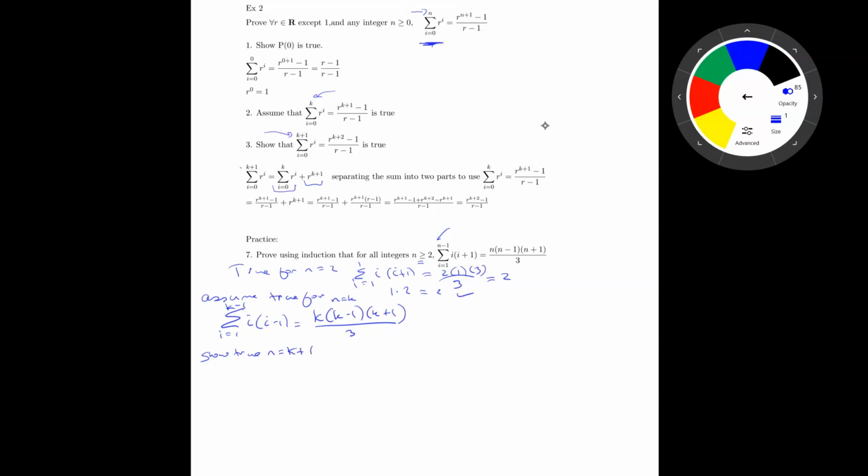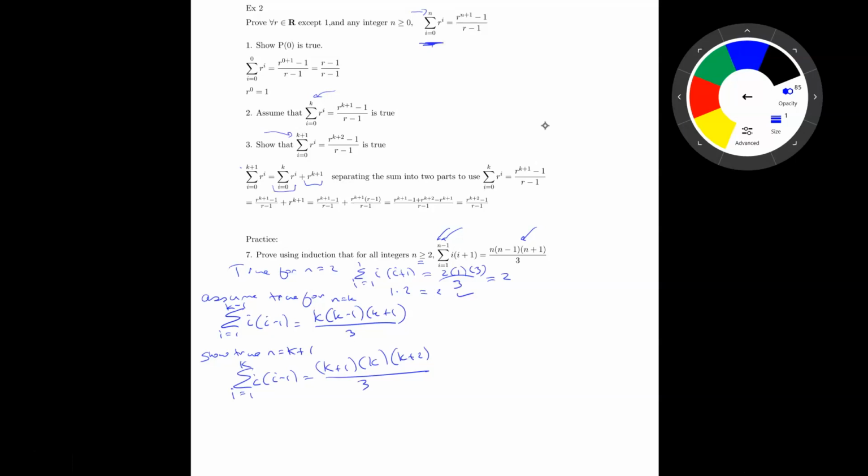When I'm putting in k plus 1 here for n, I get k plus 1 minus 1, so this goes i equal 1 to k. Just a little bit of difference here. Now I'm putting in k plus 1 on this side, so k plus 1 minus 1, that's a k. And then here, k plus 1 plus 1, that gives me a k plus 2, all over 3.